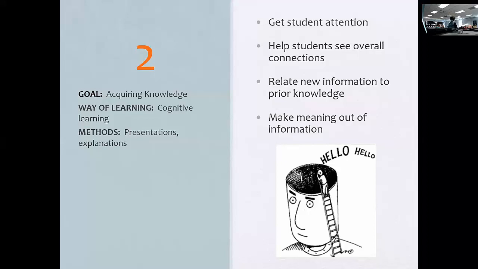Well, okay, I have a suggestion there, and then Ken, you can follow up. What I would do is vary the types of attention-getting strategies that you're using. It also depends on the level of your course.